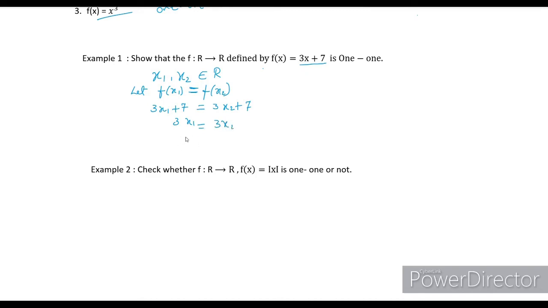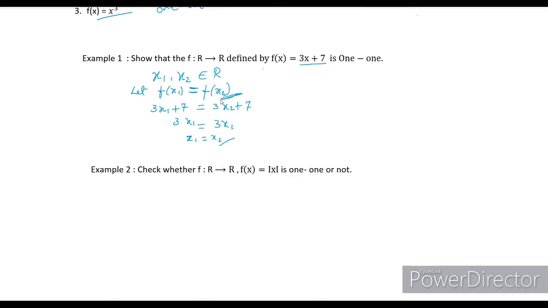And if you divide the equation by 3, what we get is x1 is equal to x2. The meaning is if the images of x1 and x2 are same, the elements x1 and x2 are also same. They are not different elements. That is how we are checking whether 1, 1 function or not, or injective function or not.